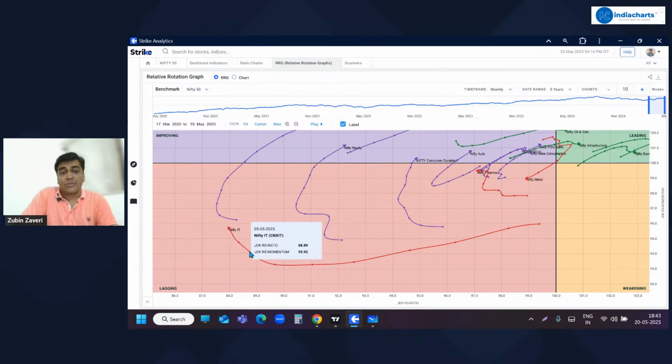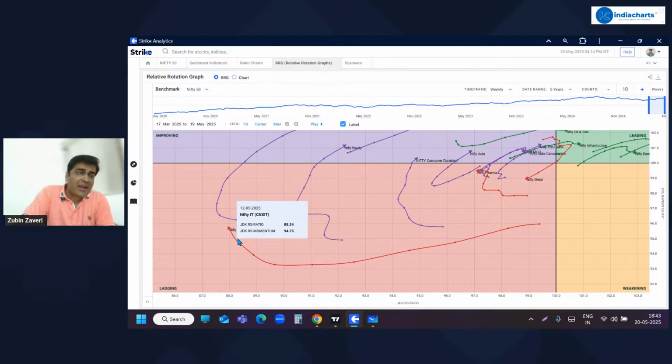So as long term investors, this is a sector which can slowly emerge, come into the improving quadrant and then slowly get into the leading quadrant. So if you find some nice fundamentally good IT stocks, this is where you can try to start accumulating a little bit.